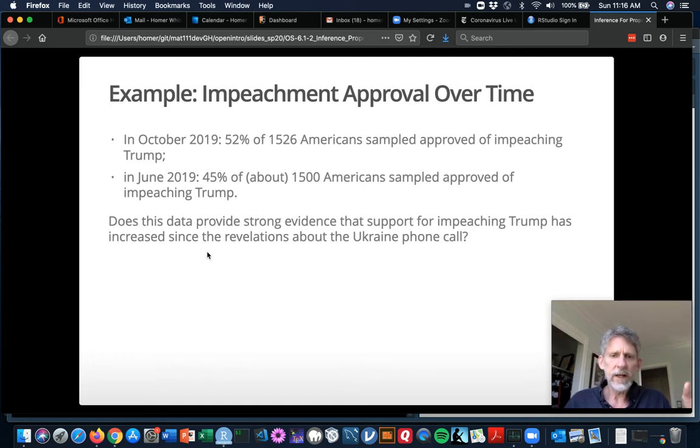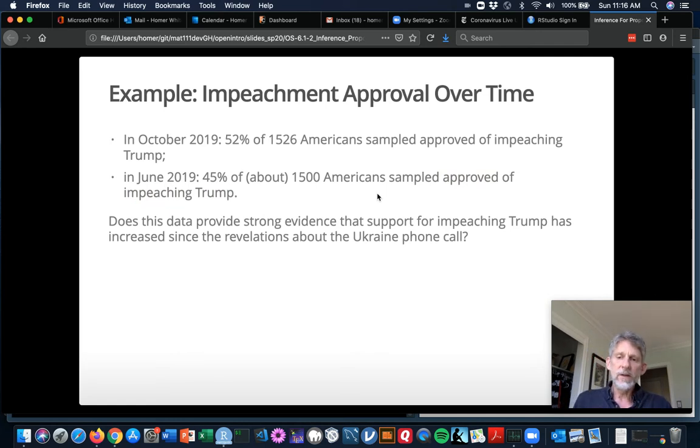So I took a look on Gallup.com a little bit, and looking back at 2019, in June of 2019, people were debating about whether they wanted to impeach Donald Trump, and about 45% of 1,500 Americans who were sampled by Gallup approved of impeaching Donald Trump back in June 2019.